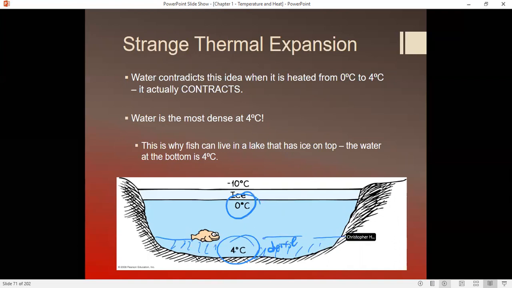Whereas at 0 degrees, it's going to stay near the surface of the water. That creates a real stratification in the lake, okay, in terms of temperature, thermal stratification. So this ice gets thicker and thicker, but it's always 4 degrees down here, okay? So again, although the fish are pretty much hibernating and not really doing much at 4 degrees, their metabolism is slowed down. It's easy for them to survive that.